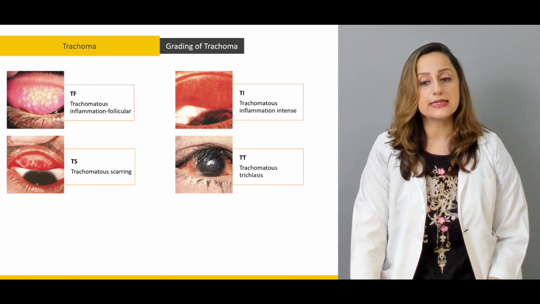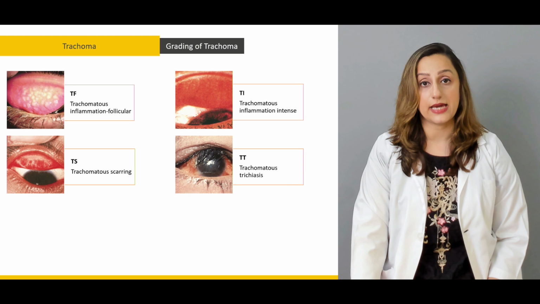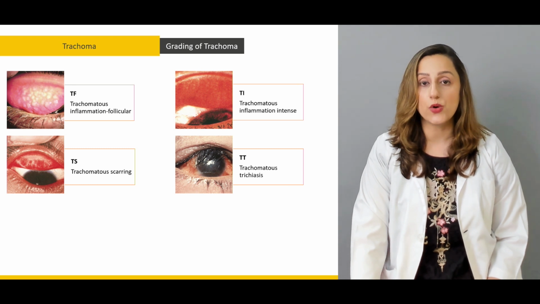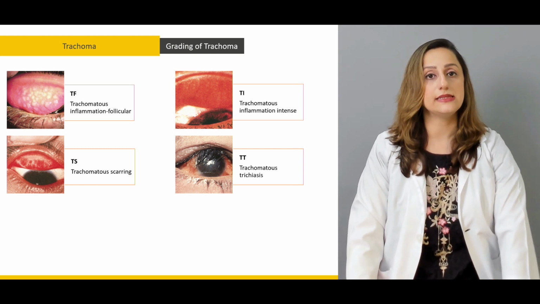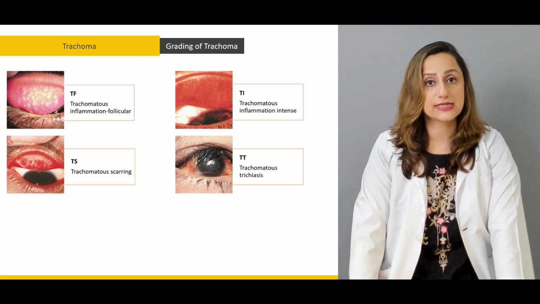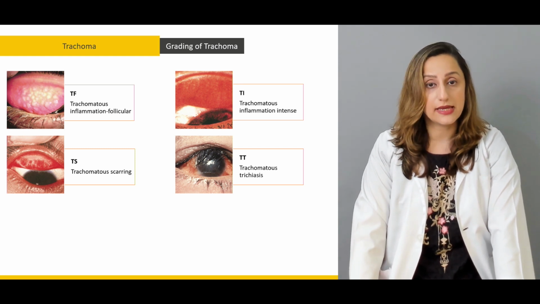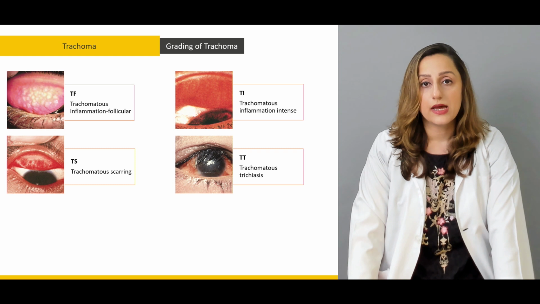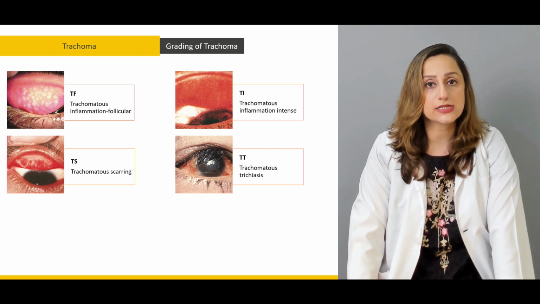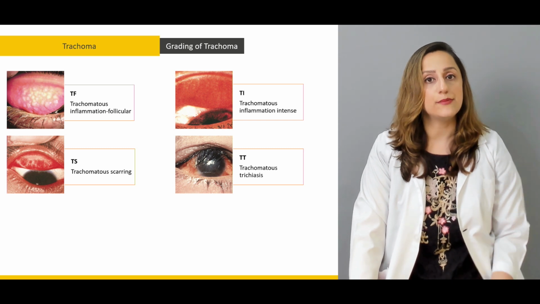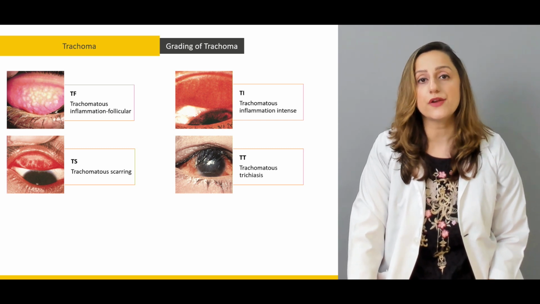The TT phase is basically the trachomatous trichiasis. Trichiasis, as we all know, is when the eyelashes are inverted and act as a foreign body. They come in close contact with the conjunctiva, act as an irritant, damage the conjunctiva and cause a lot of irritation.